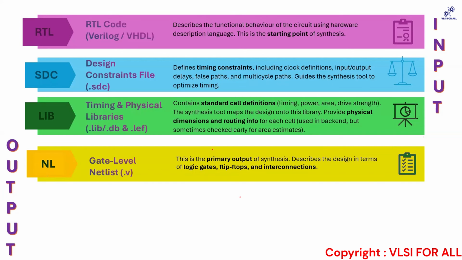It will have the different kinds of standard gates, combinational logic gates, sequential logic gates, and the connectivity through them, the wires. This is a language that is understood by the machine. So the first primary output is your gate level netlist.